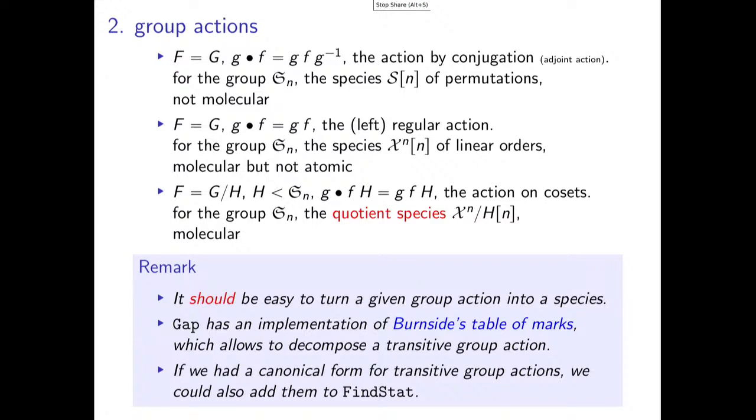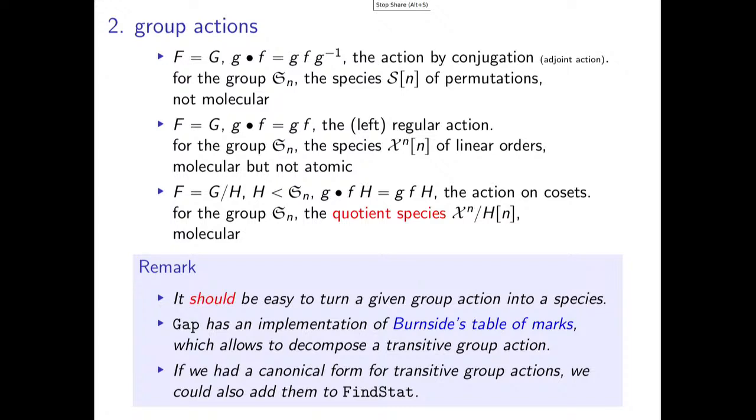And what I would like to have, as a second project, is that it should be easy to turn a given group action into a species in Sage. So I define a group action using GAP, and then I want to say, I would rather have it as a species. That should be possible.